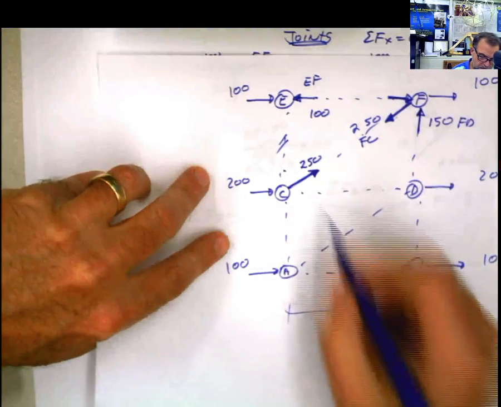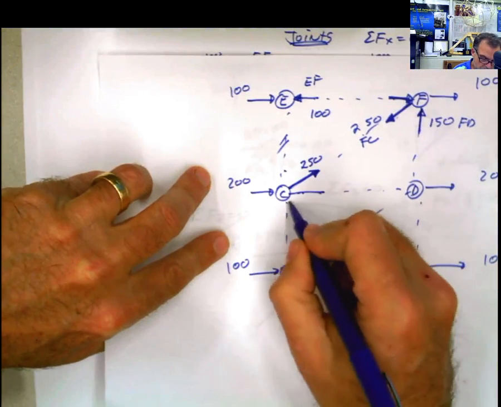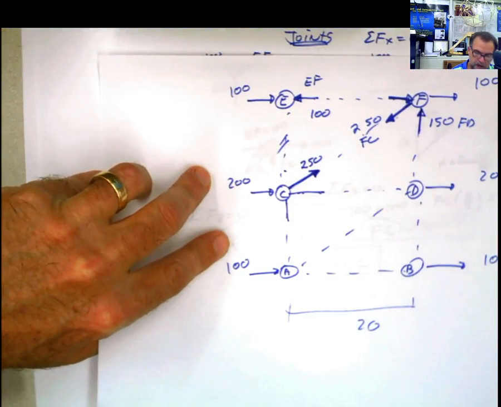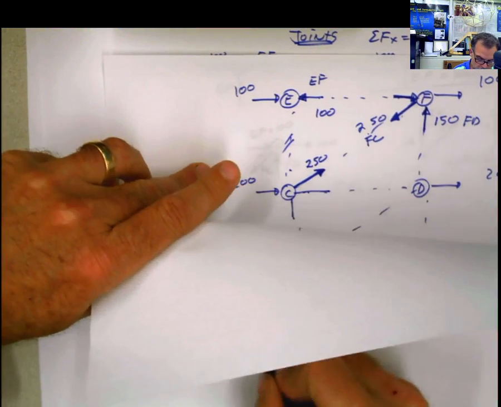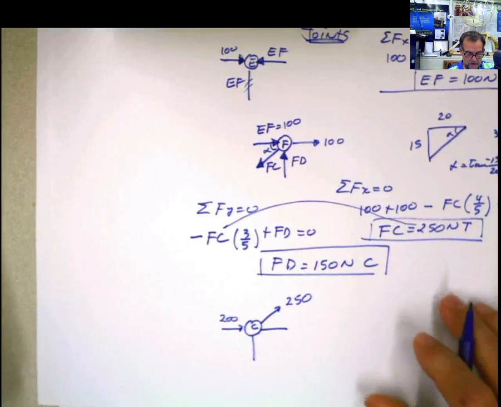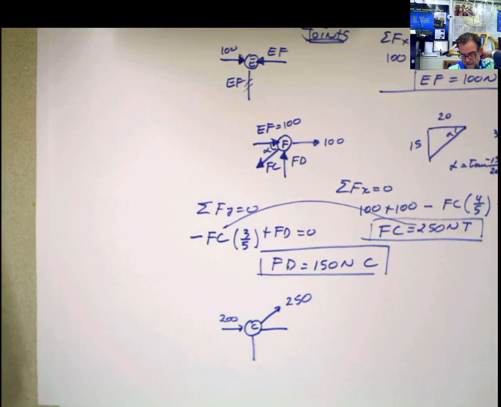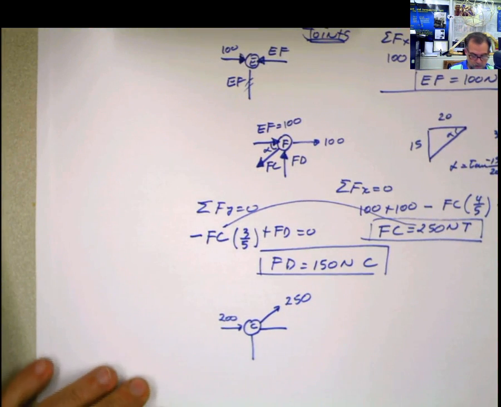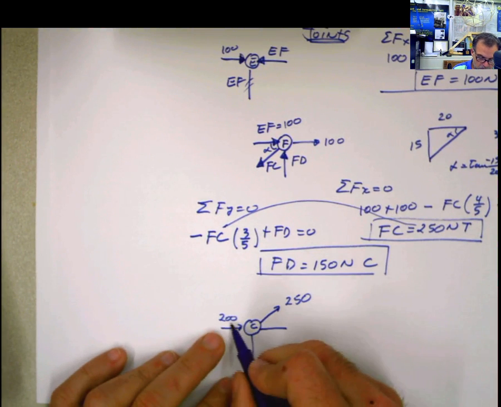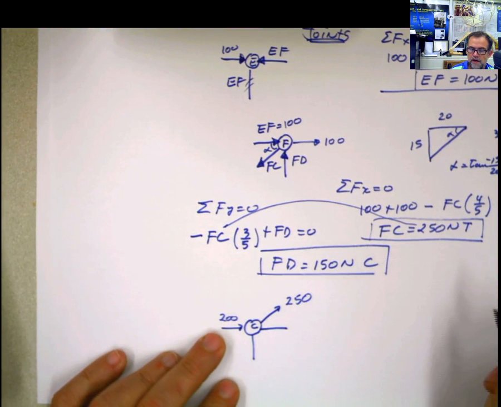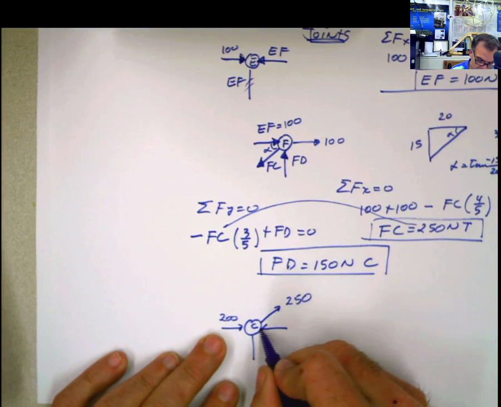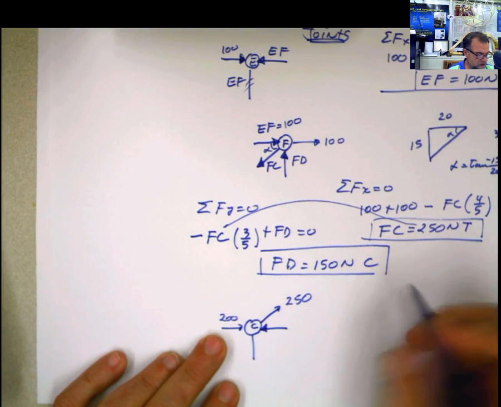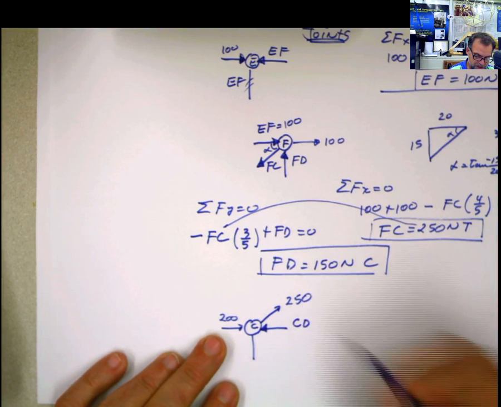And then I have these other two forces, which I still have no idea in what direction they go. So I'm going to put them in the drawing like this, and do a little bit of analysis again. It's not that hard. I say, look at these two forces. These two forces go to the right. The only thing that can oppose them is if this force goes to the left, and this force is called CD.